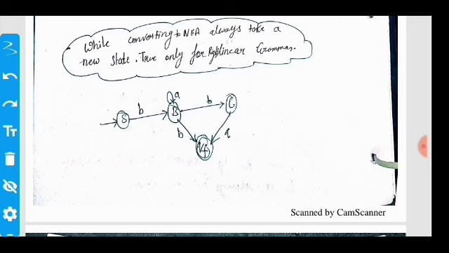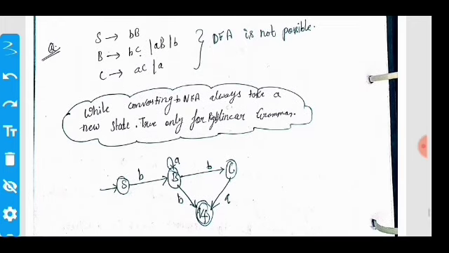Here S is the initial state, and when we give b it goes to B, and when we give a, it goes to A itself, and when we give b, it goes to the C state.